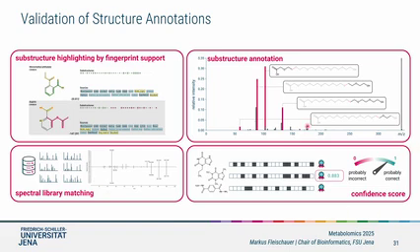And probably the most important and most convenient thing is the confidence score. This takes into account a lot of different metrics, like fragmentation trees, how well they fit, compound classes, whether they correspond to the structure, and a lot more. And for a ranked list, this gives you a value between 0 and 1 that says how sure the method is that the top ranked structure is correct.